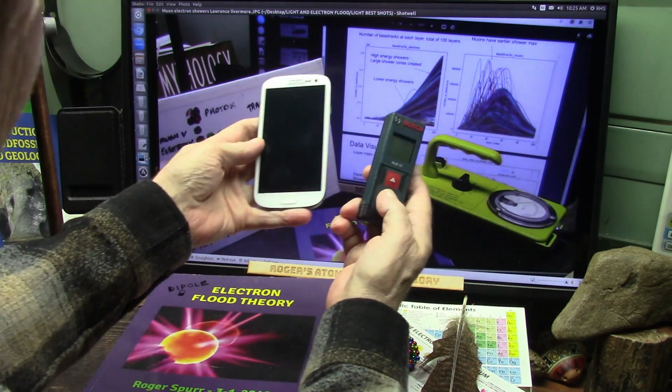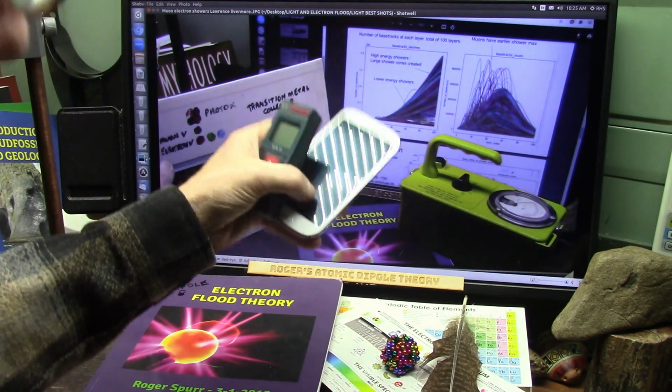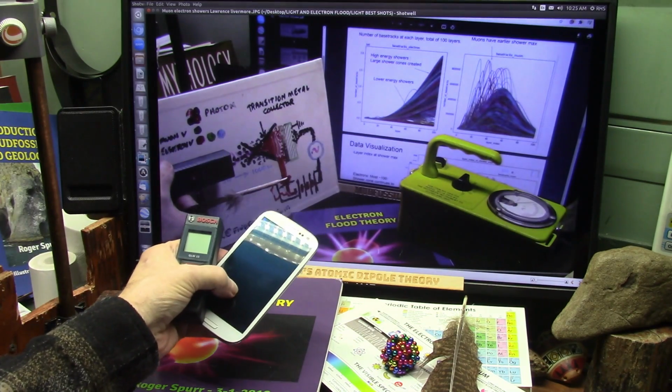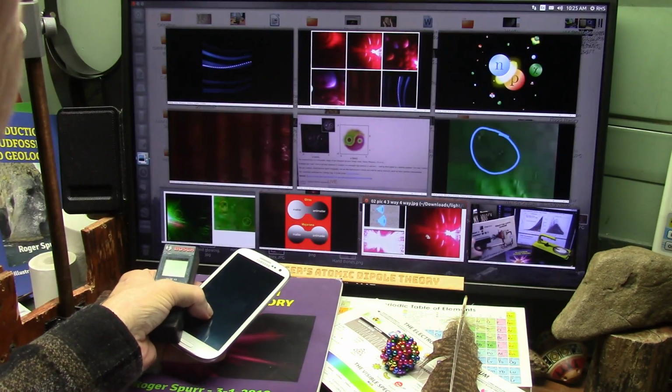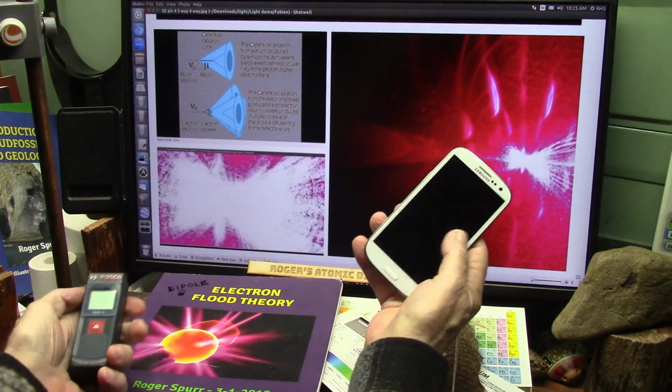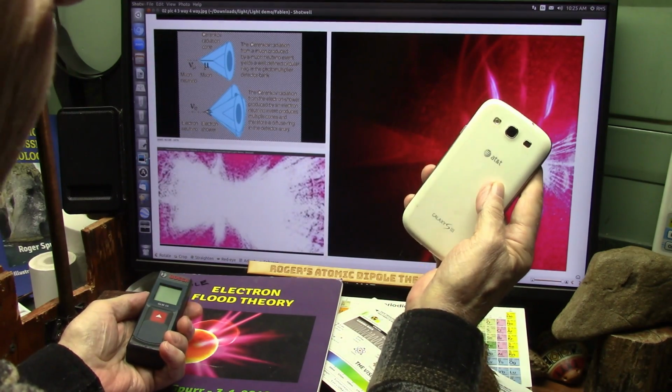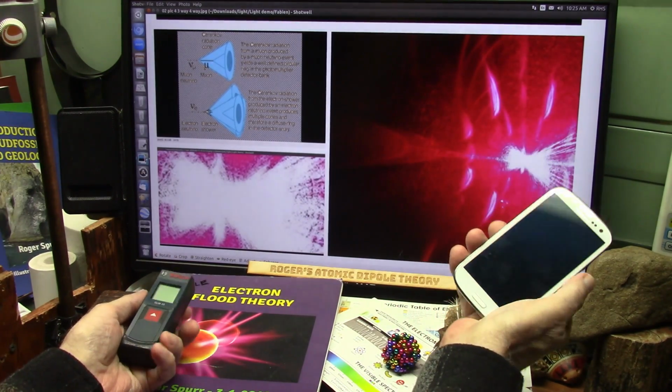And this is it. This was done with that. The stuff I'm showing was done right here with this particular equipment. You see that? Samsung, 2012 this came out, and that's when we were doing these experiments.